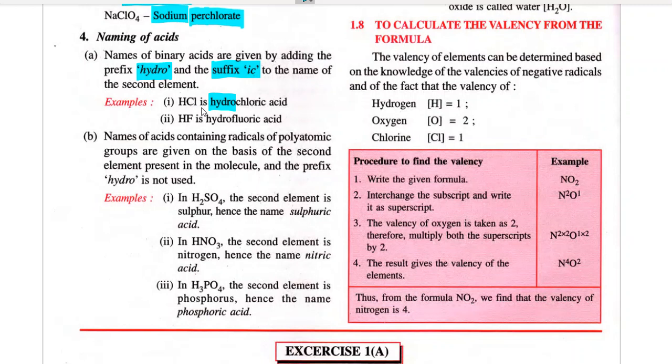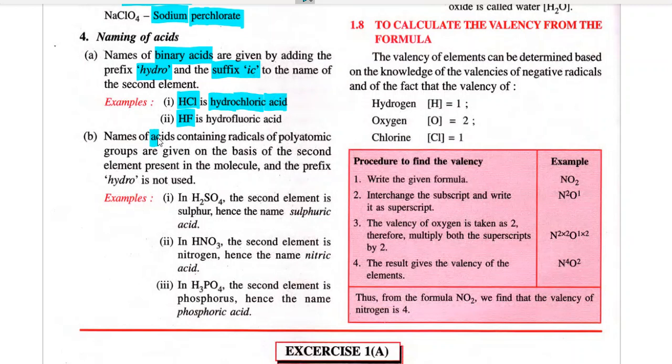Hydrogen is written with the prefix hydro, and chlorine is not written as is; chloric is written with the suffix IC. Hydrochloric acid. So these are specifically for binary acids. And what are binary acids? Binary acids are acids which are composed of two elements, one hydrogen and one other non-metal, like HCl, like HF, hydrofluoric acid.